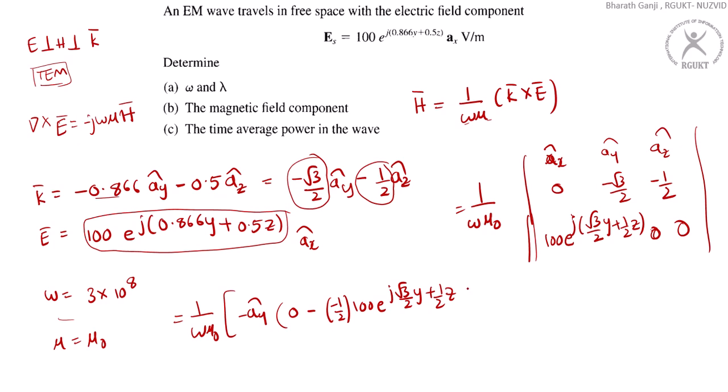So this is what we have for ay, and after that we have a z component also. You can see there is a z component, so it is plus az cap times 0 minus of minus root 3 by 2 times 100 into e power j root 3 by 2 y plus 1 by 2 z. Right, so that's what you get.